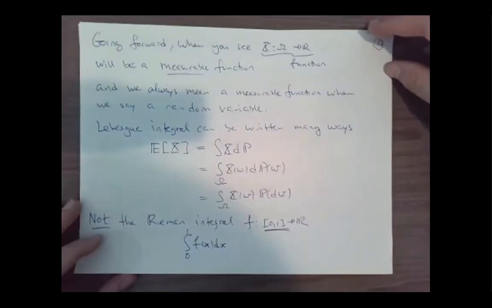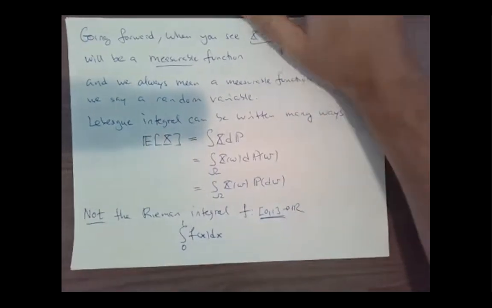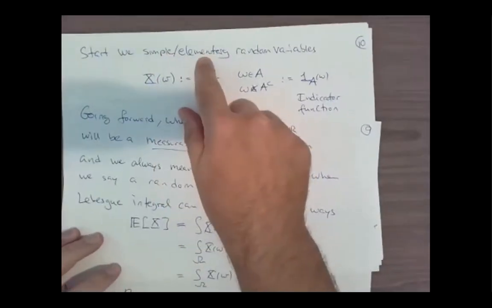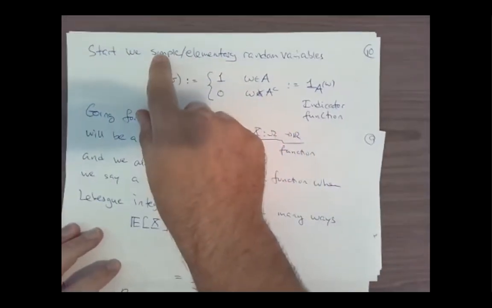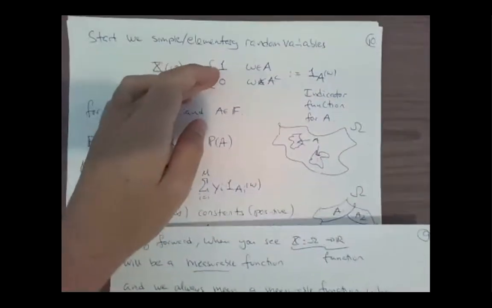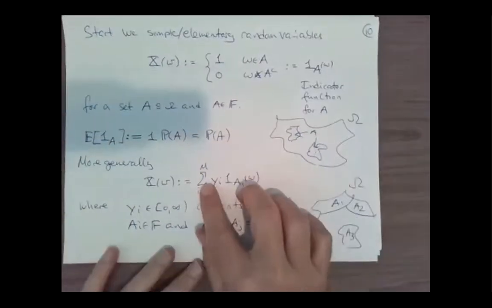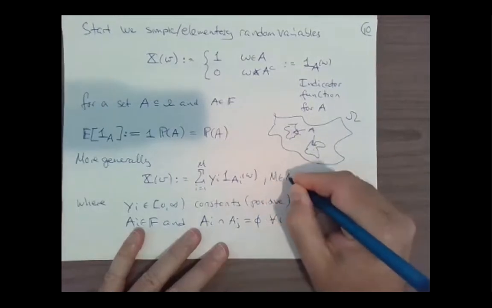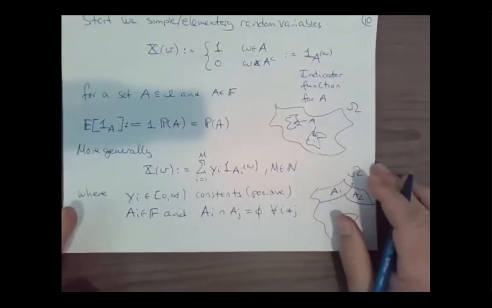Okay, so let's get back and talk about how to create the expectation of a more general random variable than these simple random variables. Some people call them elementary random variables. They only take on finitely many possible values, say m of them, where m is a natural number.